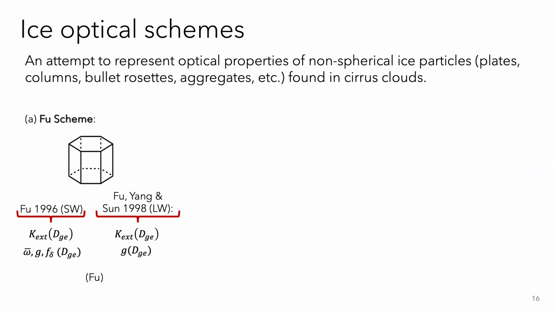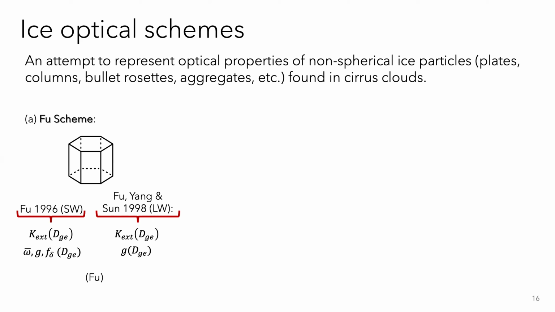So the tests that I'm going to show you use mainly 3 schemes. Well, I will show you 4 different schemes. One of the most used, which you can find in most radiative transfer models, is the Fu scheme from the 90s.